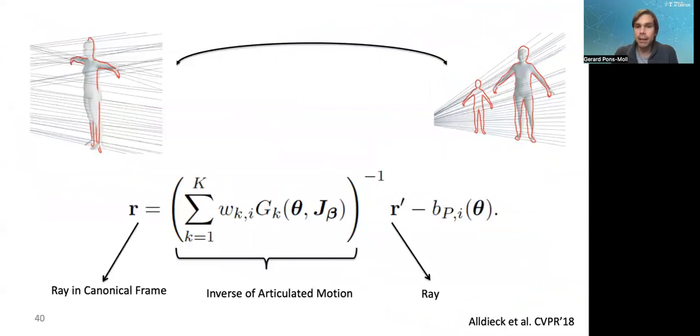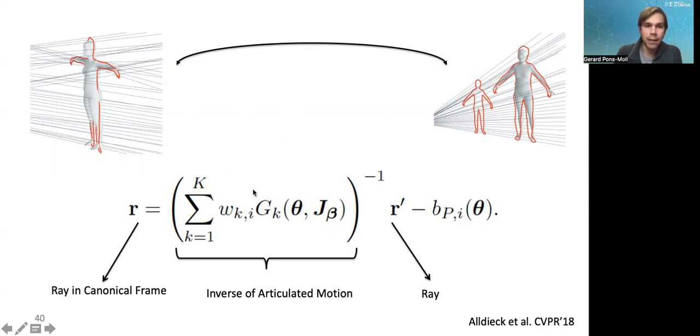How does this look mathematically? Well, we have a ray in the canonical frame. This is what we want to obtain, R. And we have the ray in the posed frame, which is R prime. So what we need to do is to apply the inverse transformation that is applied to the vertices of the model. So this ray will be associated with a vertex. This vertex will have its transformation matrices G_k and its blend weights w_ki.